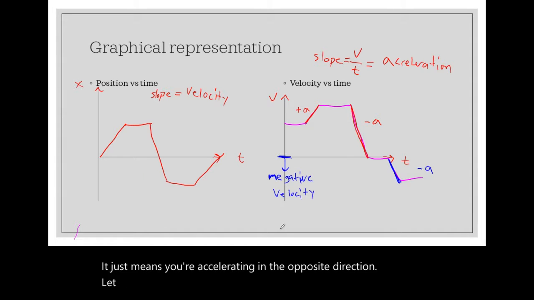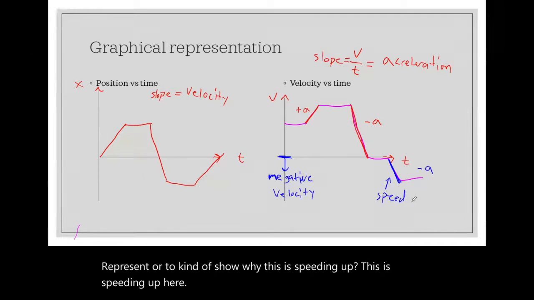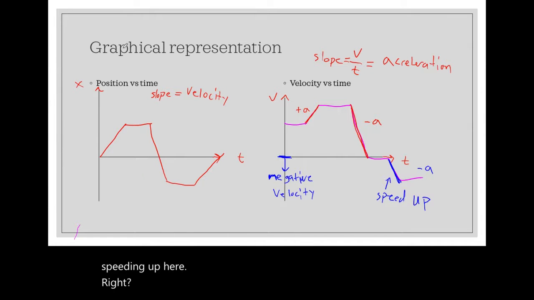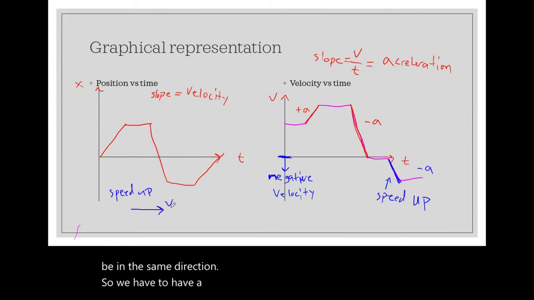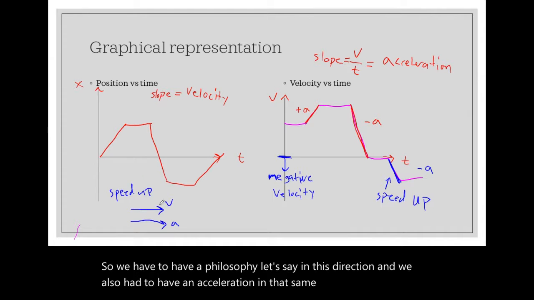let me use some arrows to show why this is speeding up here. Right. So for an object to speed up, the velocity and the acceleration have to be in the same direction. So we have to have a velocity, let's say, in this direction, and we also have to have an acceleration in that same direction.